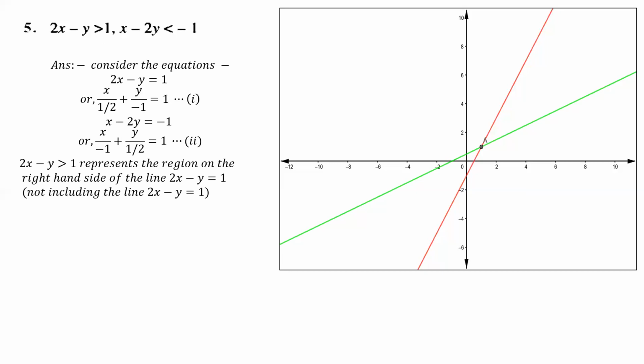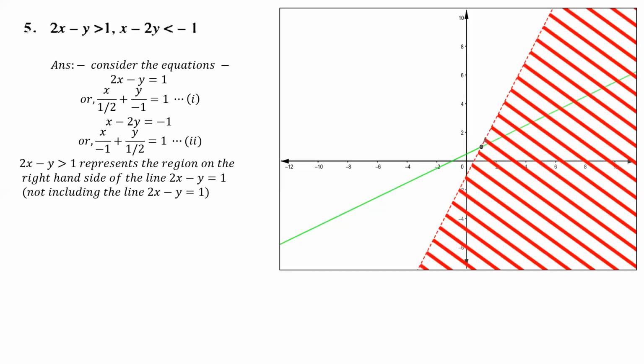So except the line, we will consider the region on the right hand side of this line. Use a dotted line when the greater than or less than sign is given. So with a dotted line, this region represented by this red shade is the region covered by the inequality 2x - y > 1.